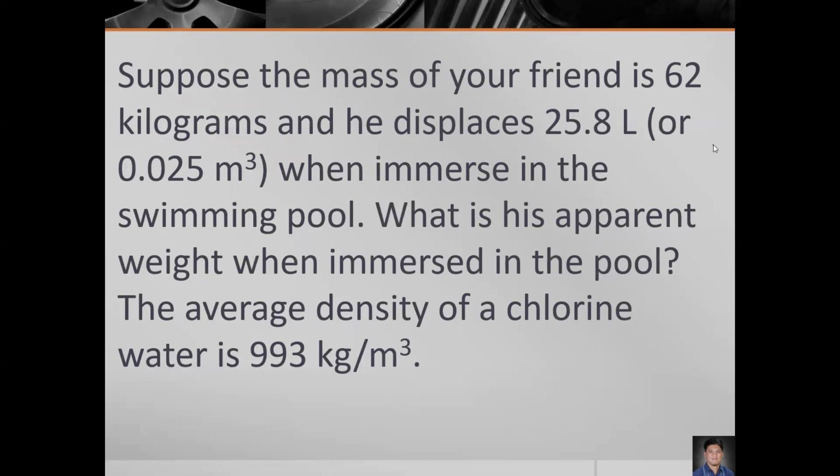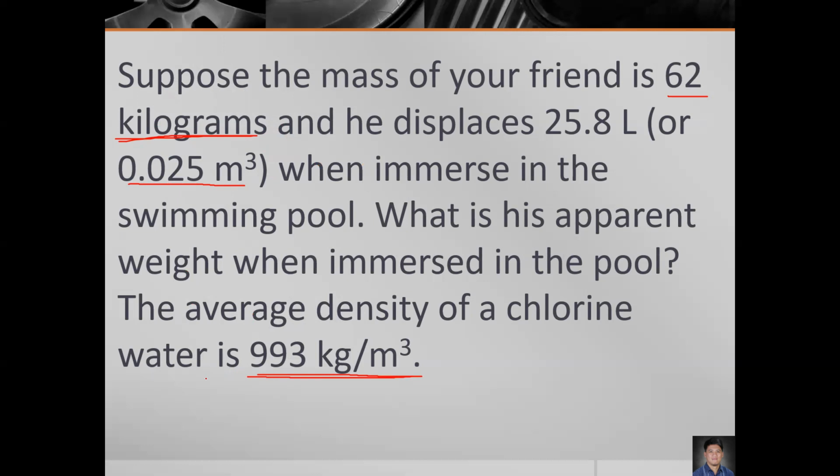So we have the mass of the friend, which is 62 kilograms, and we also have the volume. Since he displaces 25.8 liters or 0.025 cubic meters, we can say that the volume is equal to 0.025 cubic meters. We also have the density of the water, which is 993 kilograms per cubic meter.